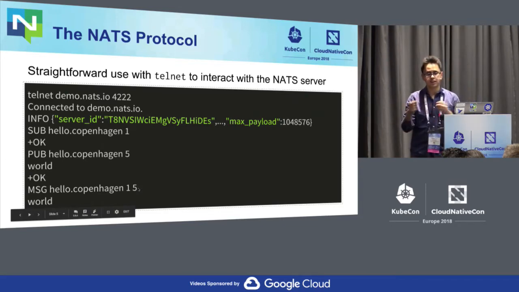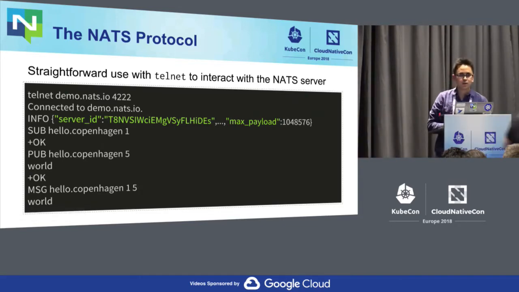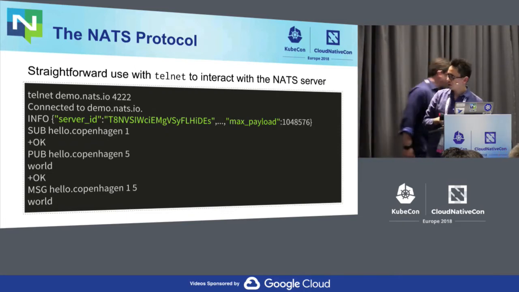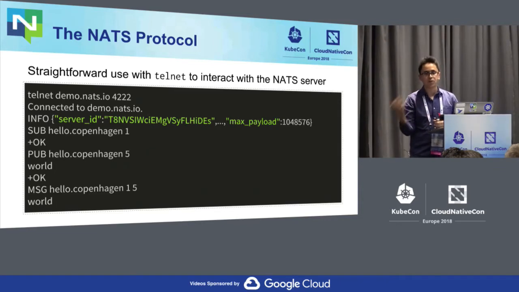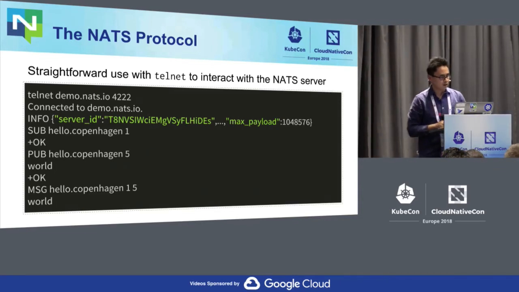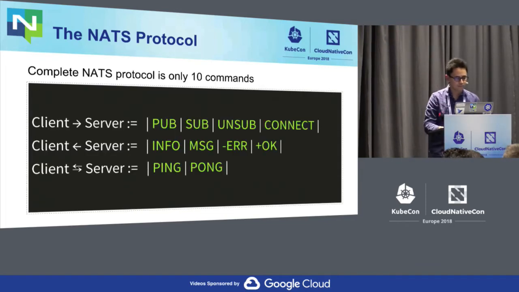So the server is telling you how many bytes you should be reading. This is what allows the server to be payload agnostic. NATS doesn't constrain you to any encoding or serialization format. You can use protocol buffers, JSON, MessagePack, whatever fits your needs.